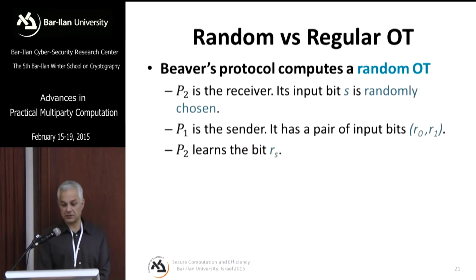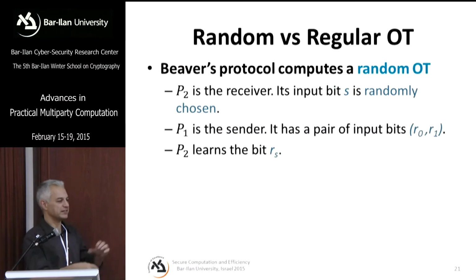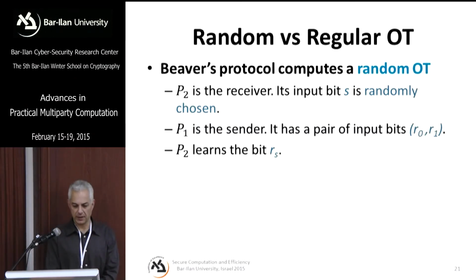Something to note here, just a technical issue, is that the function computed in Beaver's construction is random OT, meaning that P2 is the receiver, but he cannot choose his input bit for each of the 1,000,000 oblivious transfers. He just chooses a seed, and the seed is expanded by the random number generator to be 1,000,000 bits long, and defines his inputs for all the oblivious transfers.